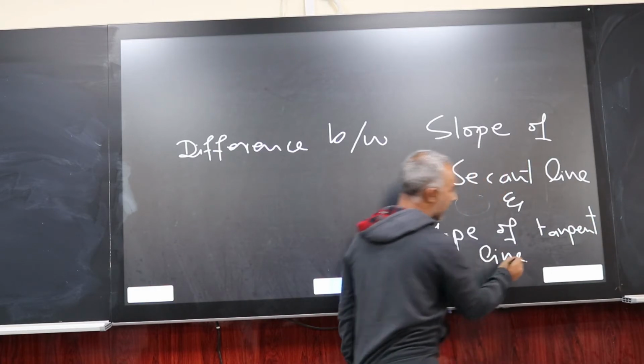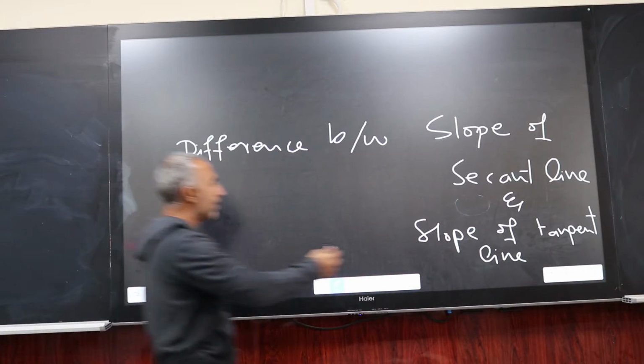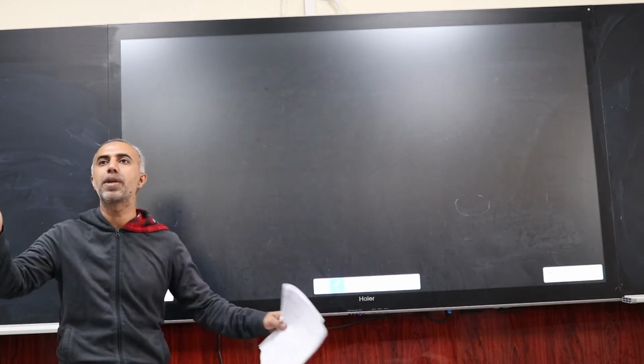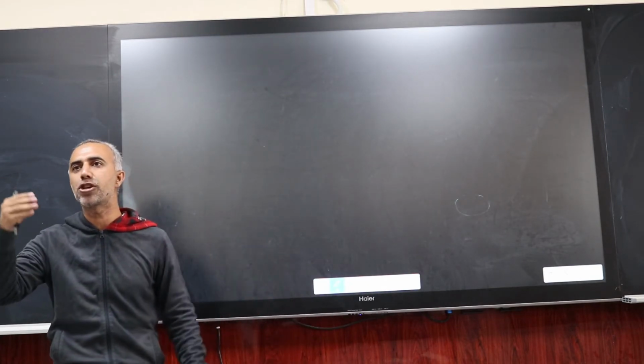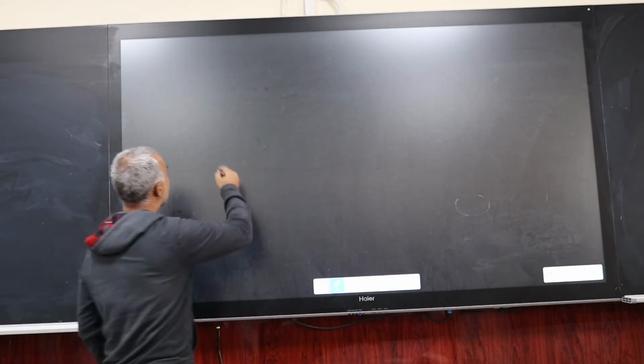You should know about this. If I am talking about the secant line, it's kind of an average rate of change. If I am talking about the information at an instant, you apply the limit as delta x approaches 0, then it will become a derivative.